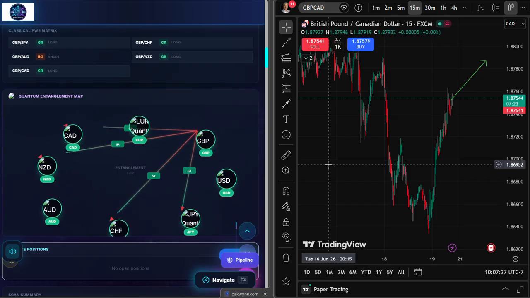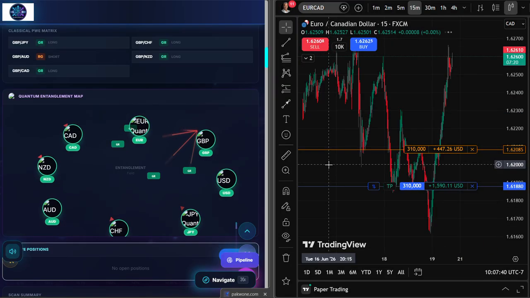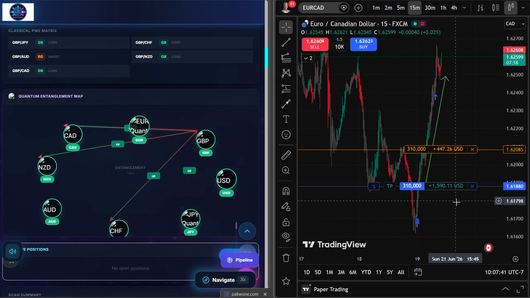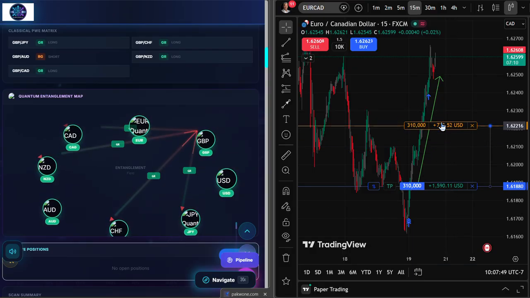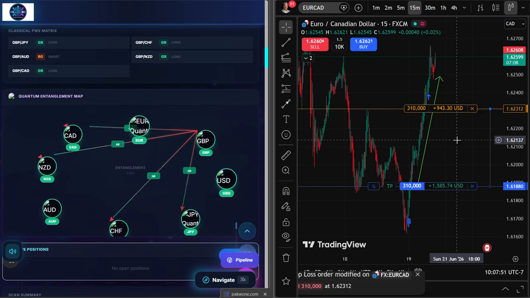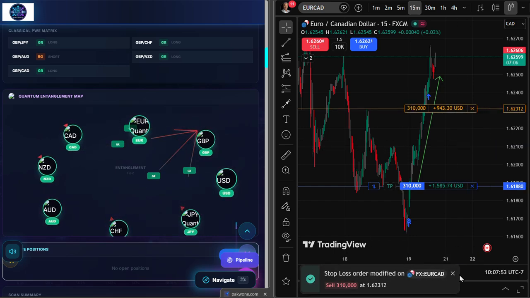Let's take a look at Euro CAD. There you go. We're already in a power position. We're staying in our trade. We got the stop loss set up. I'm going to move it up a little bit right there. That's the stop loss, right? We enter into the trade right here. That was 23:15.